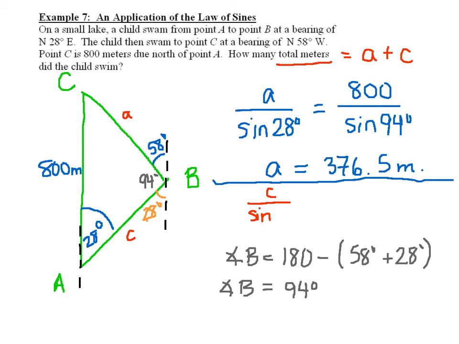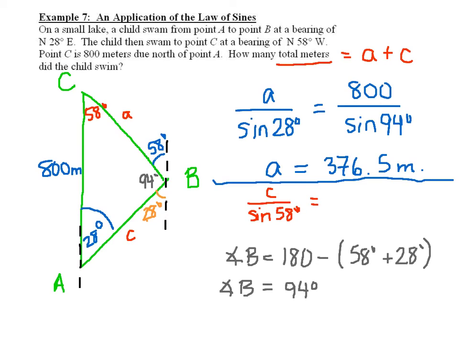So for angle C, if we add our 28 plus 94, that gives us a solid 122. So 180 minus 122 is going to give you 58 degrees. So angle C is 58 degrees.